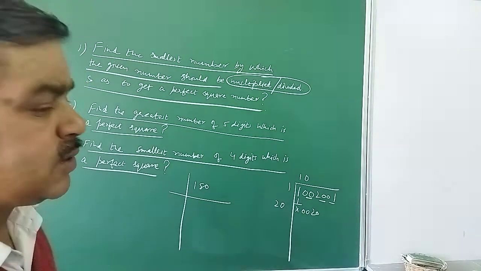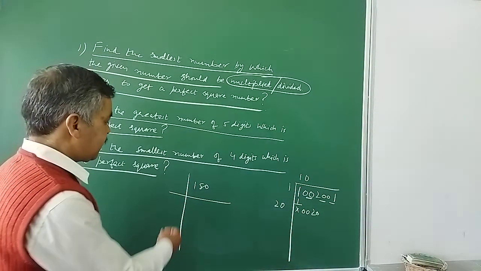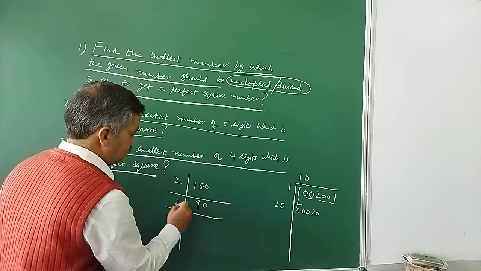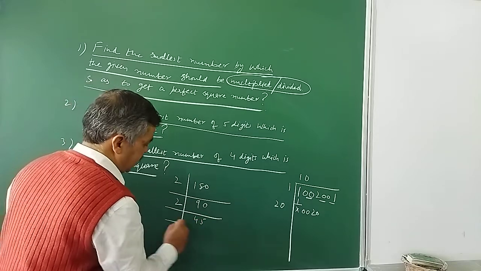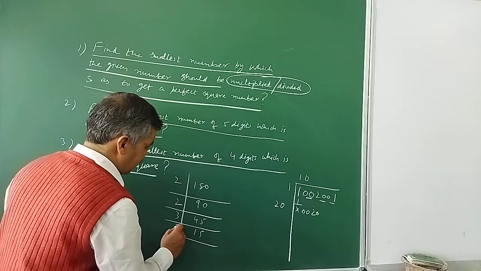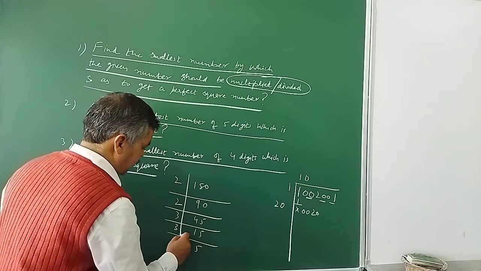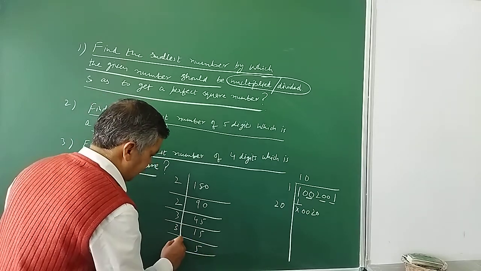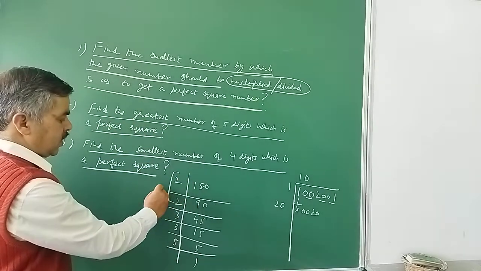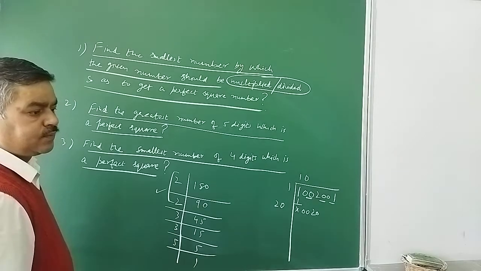Let us see what happens here in case of 180. 2 90s are 180, then 2 45s are 90. Then 3 15s are 45, again with 3, 3 5s are 15, and then 5 1s are 5. Now you see, 2 twos are 4, a perfect square.